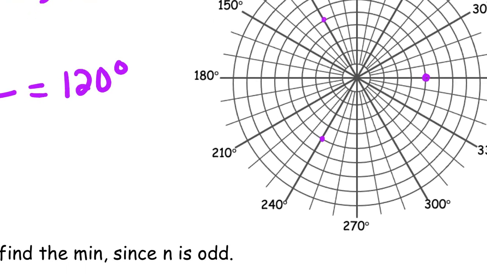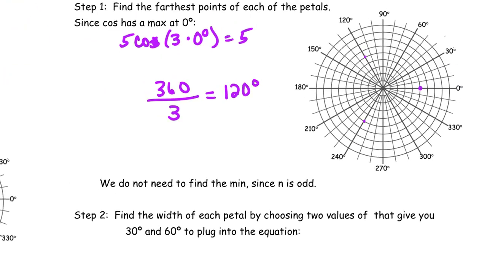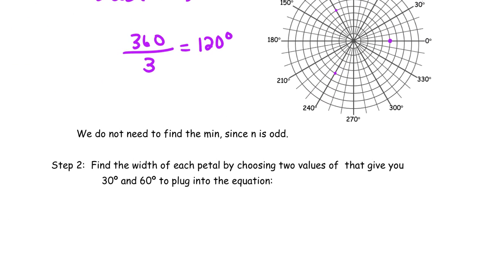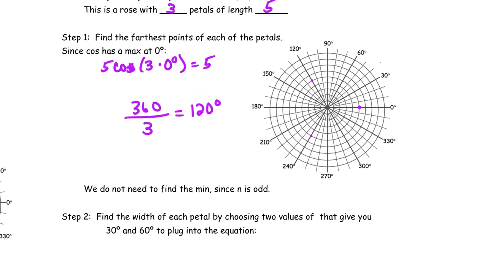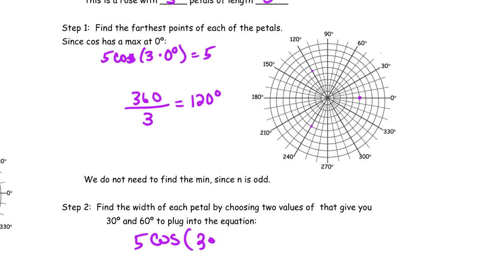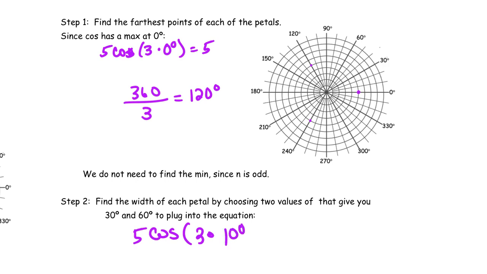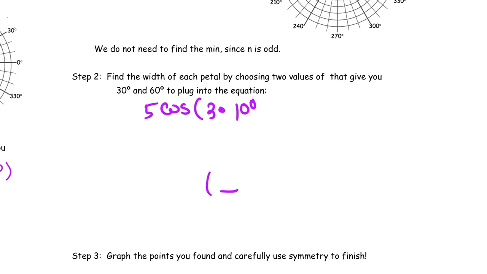Now we have to go find the width. So we're going to do the same thing, 30 and 60. So to do that, I have 5 cosine, and this is going to be 3 times what? 10 degrees. That means when I go to write my answer, it's going to be something 10 degrees. The other one's going to be 5 cosine 3 times what?